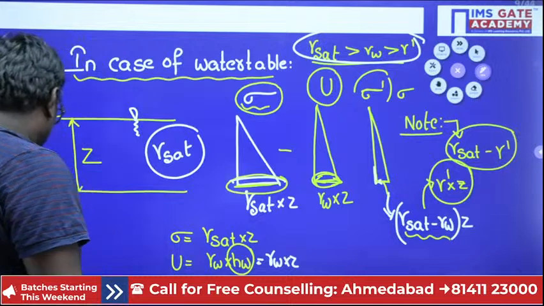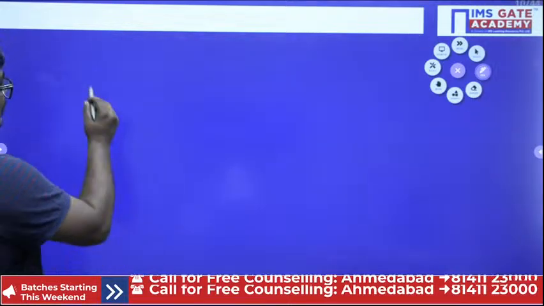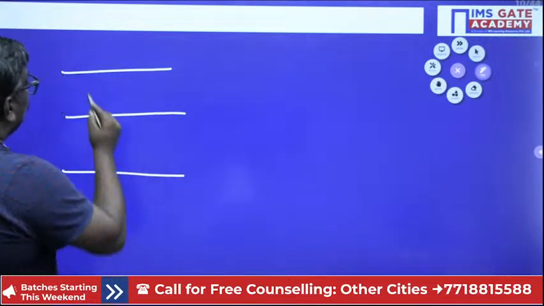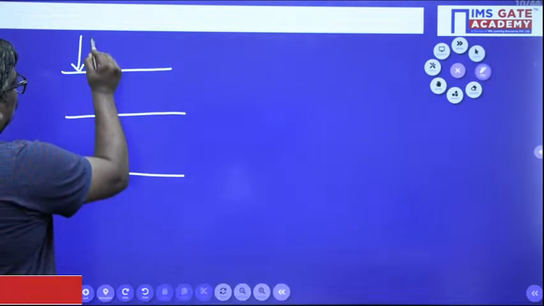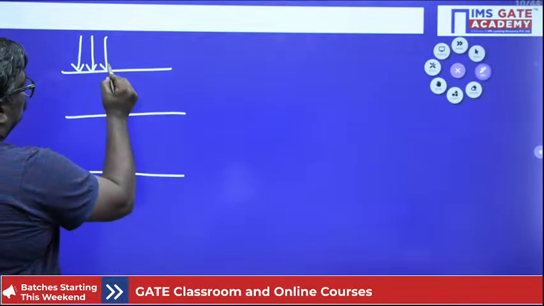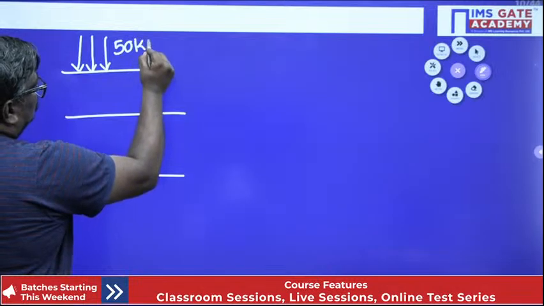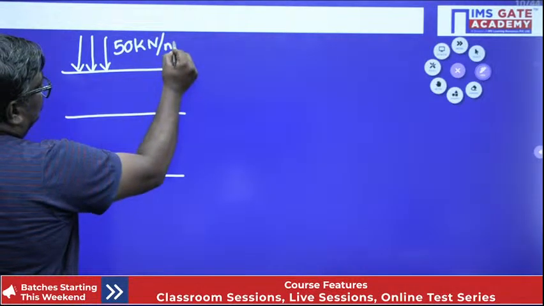Okay. Now see students, I will show you one simple example here. Now there is a surcharge loading of, suppose, 50 kilonewton per meter square. Surcharge loading is 50 kilonewton per meter square.